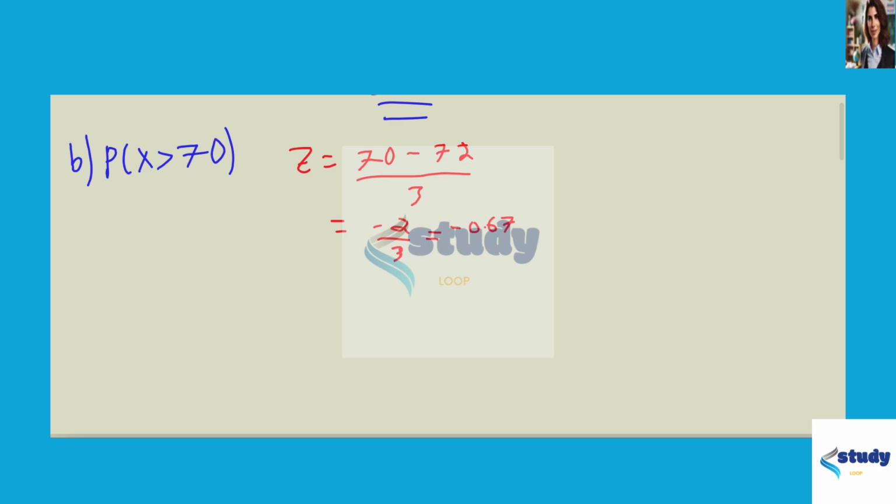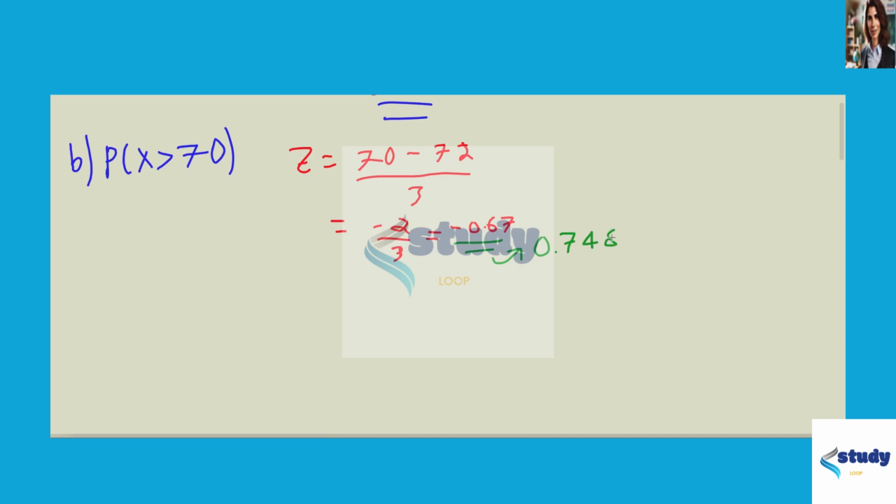And now, again, we're going to have to find the corresponding probability, which is 0.7486.